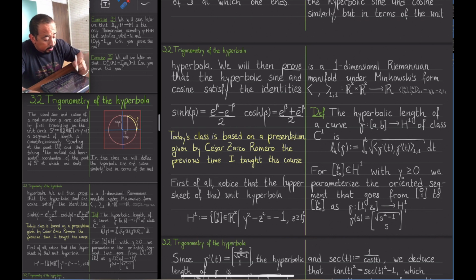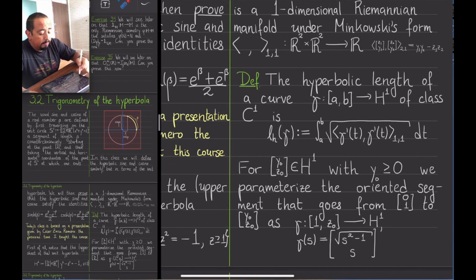And how can one define the length of a curve on this hyperbola? Well, just take the inner product of the velocity vector with itself, and the norm is then the square root. So just integrate that norm.